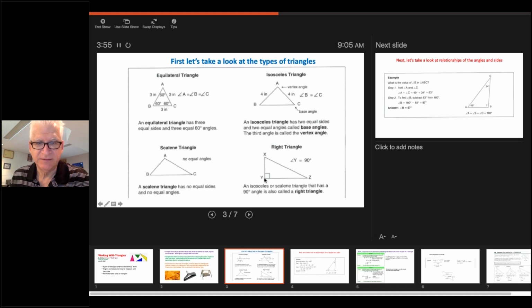In this case, it's angle Y. A right triangle can also be an isosceles or scalene triangle. But because it has that right angle, it's referred to as a right triangle. And the right angle is 90 degrees, which means that in this case, YX is perpendicular to YZ.